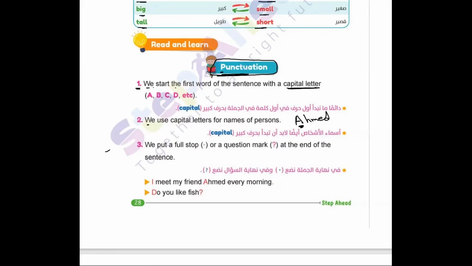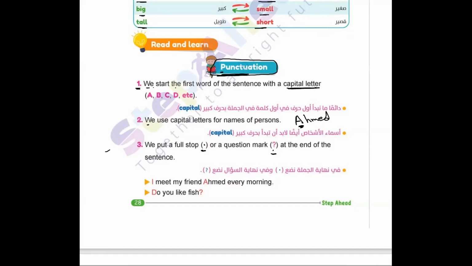Number three, we put a full stop or a question mark at the end of the sentence. So if I have a normal sentence that starts with a noun or pronoun, it should end with a full stop. And if I want to write a question that starts with a WH question word, or a yes/no question that starts with a helping verb or modal verb, it should end with a question mark.